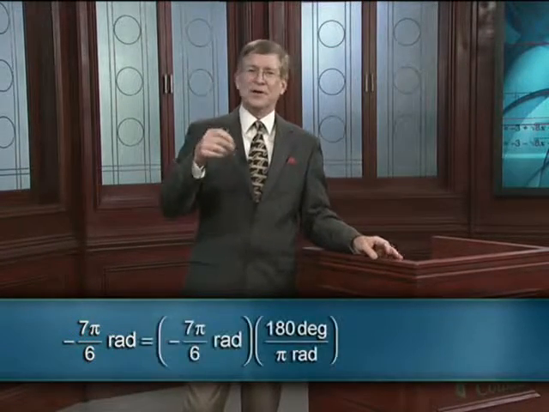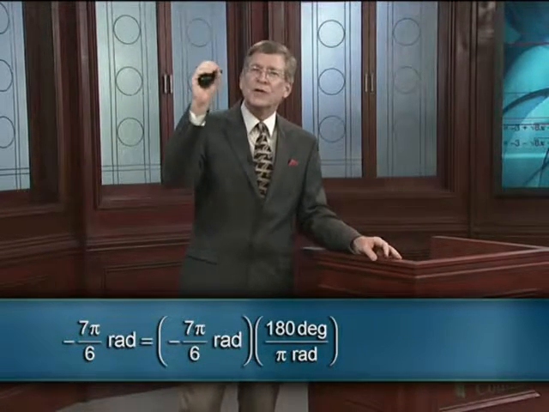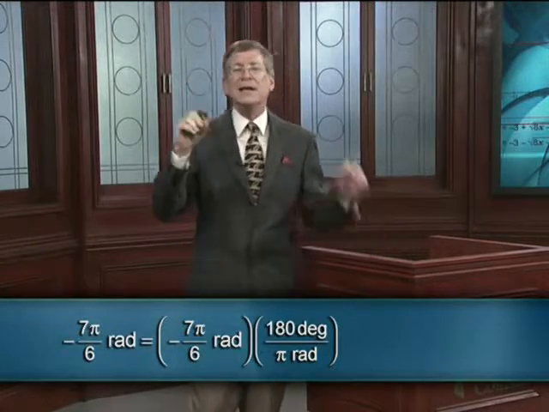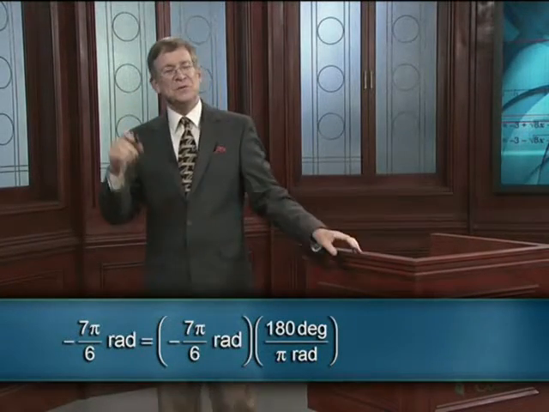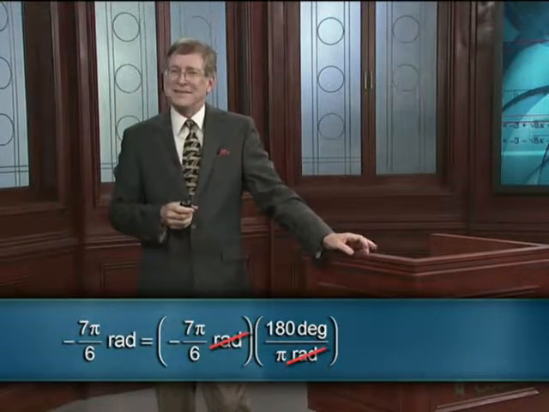Let's go backwards. How about minus 7 pi over 6 radians? How many degrees is that? Well, I think you see the picture. The conversion factor is 180 divided by pi, and if you put the units in there, you see again this very pleasant cancellation.